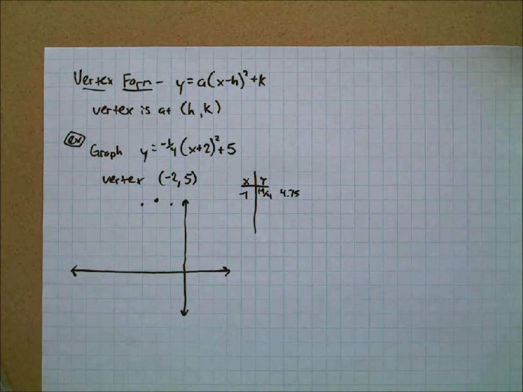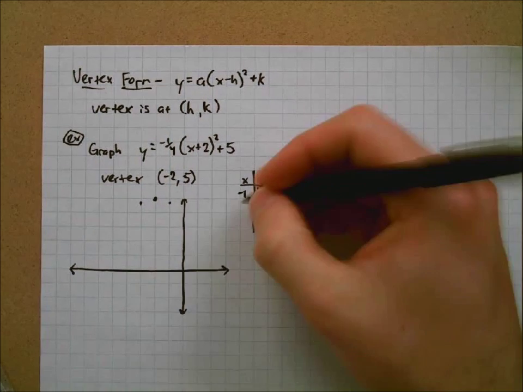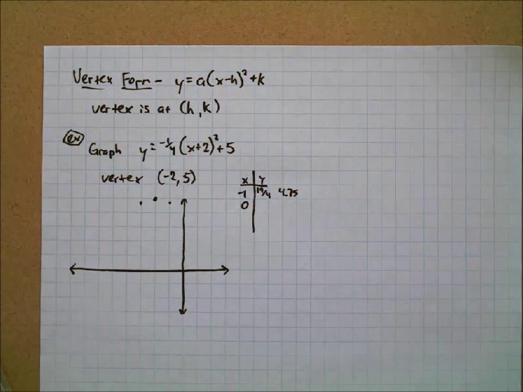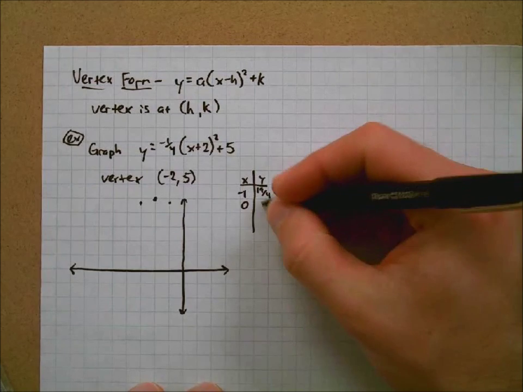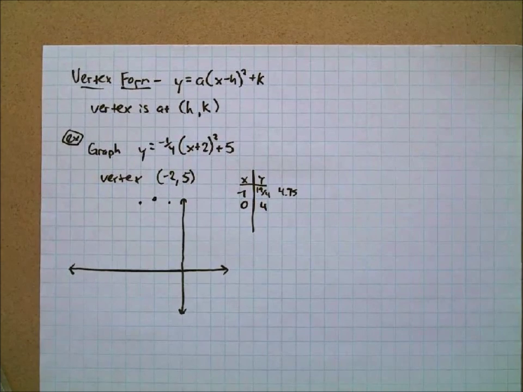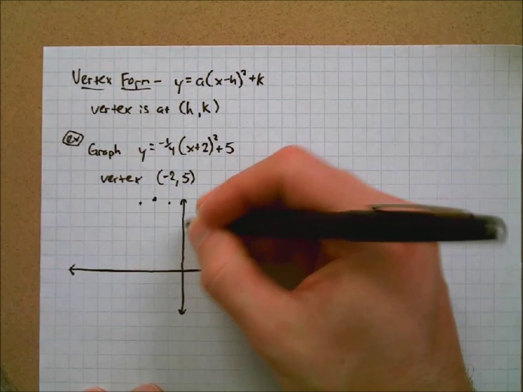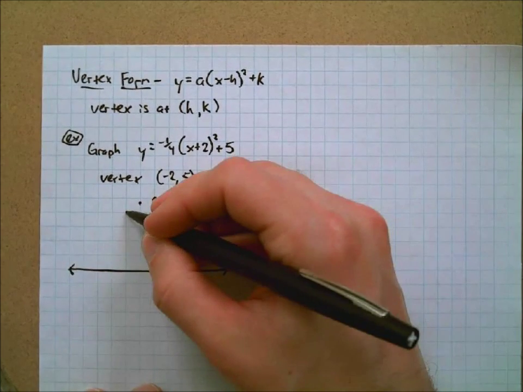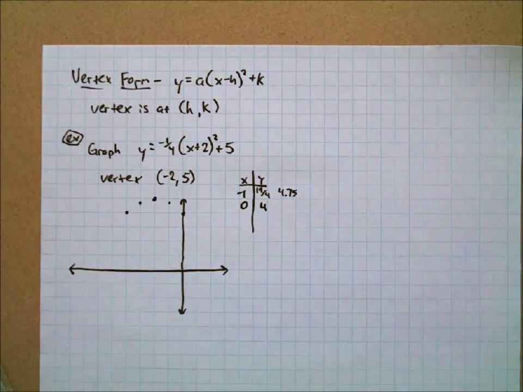All right. Let's try 0. 0 is going to be nicer to us. So 0 plus 2 is 2, squared is 4, times negative 1/4 is negative 1, plus 5 is 4. So 0, 4. That's nice. 1, 2, 3, 4, point there. And then 1, 2, 3, 4, point there. You can get as many as you want. I'll do one more here.